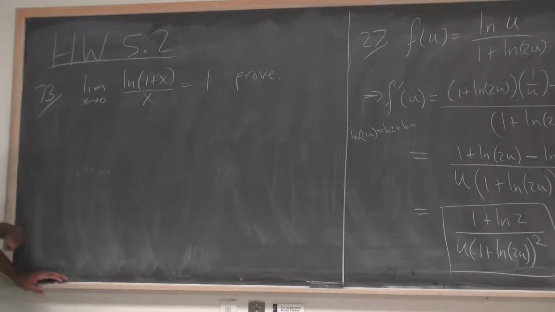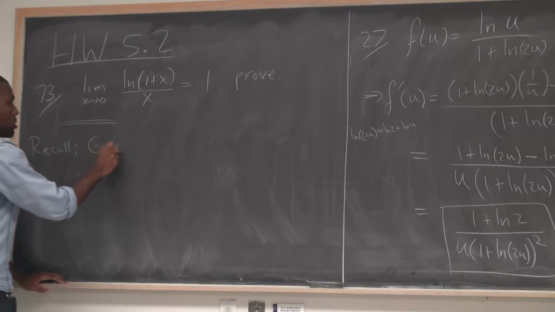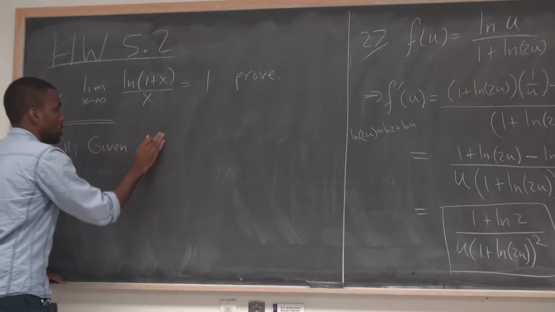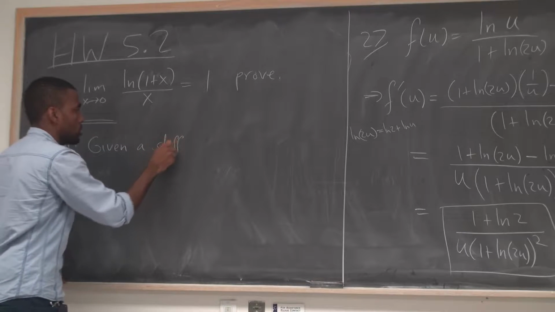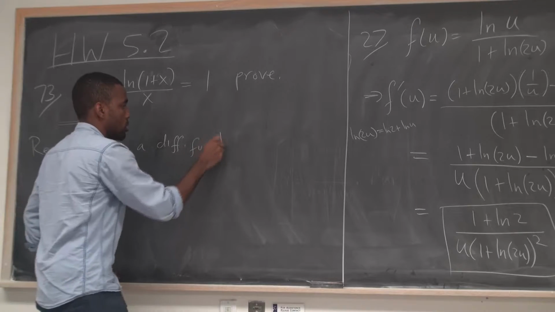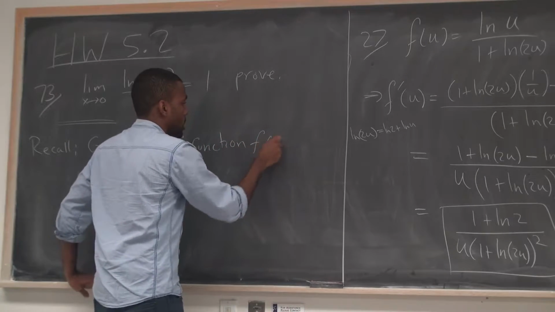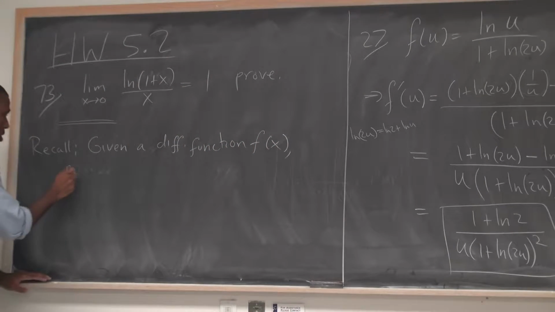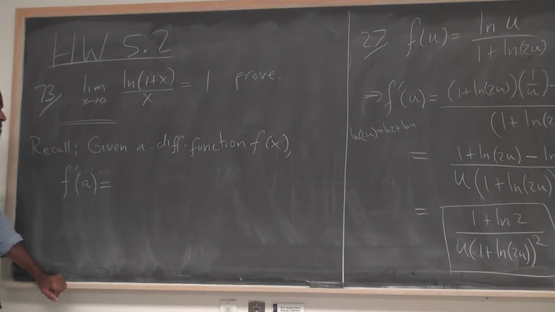Okay, so we know the definition of derivative, right? So let's say given a differentiable function f of x, we know the derivative at a point a is defined, how do we define it?